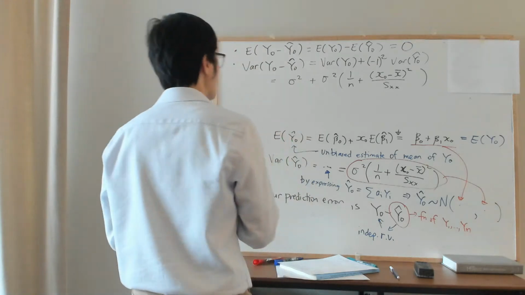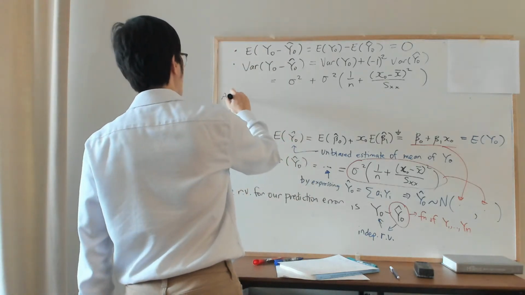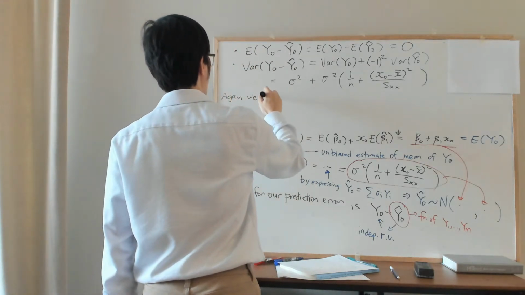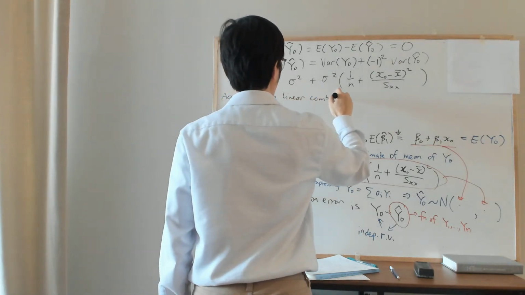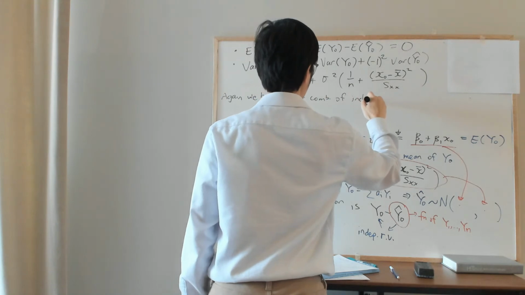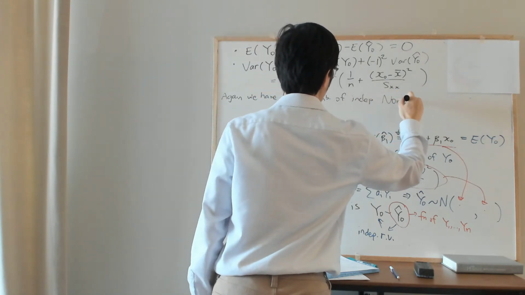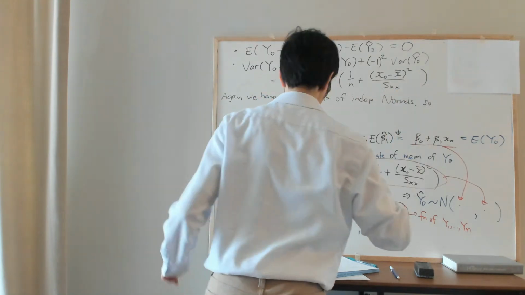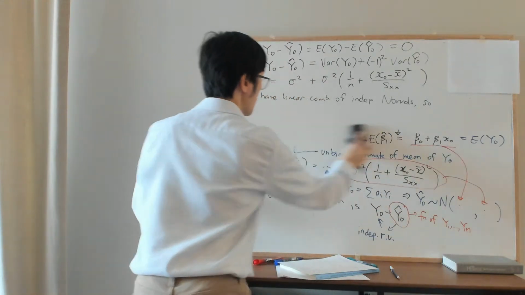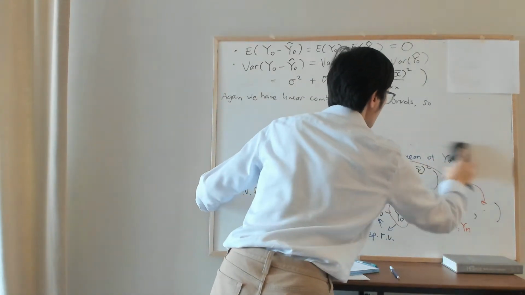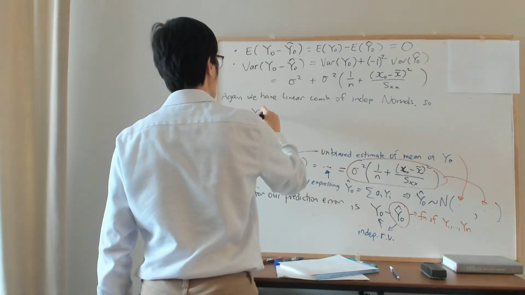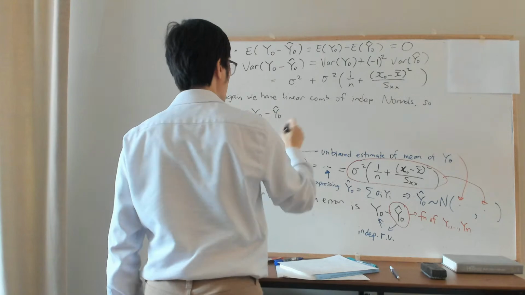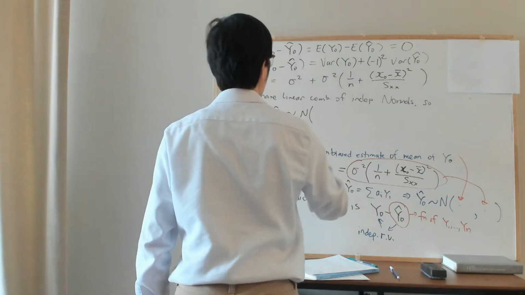Okay, so again, we have a linear combination of independent normals. So you can say that y0 minus y0 hat, the prediction error, has a normal distribution.